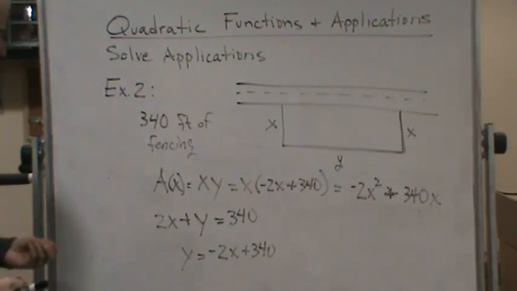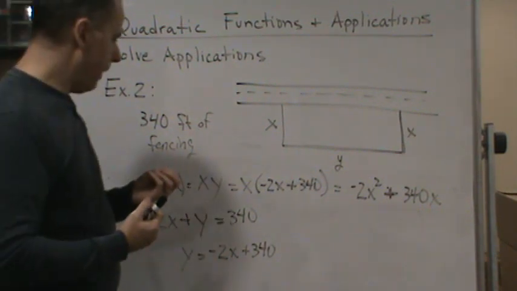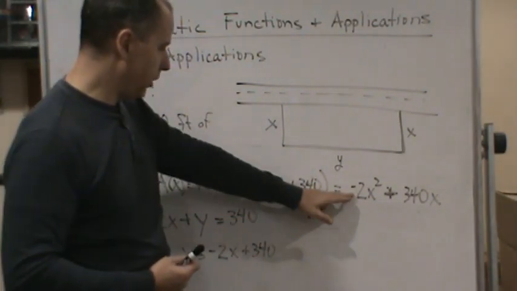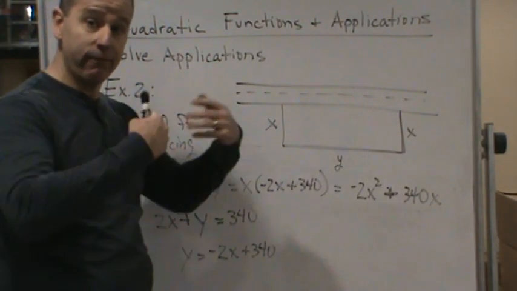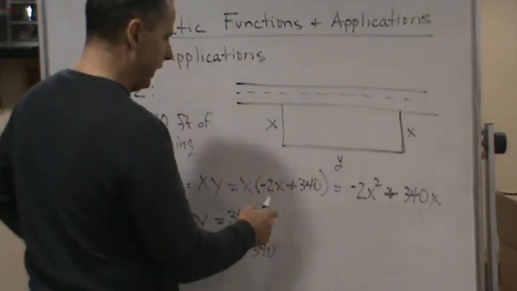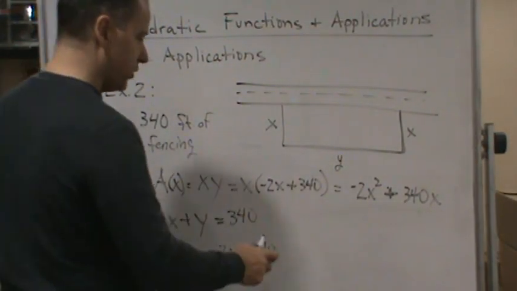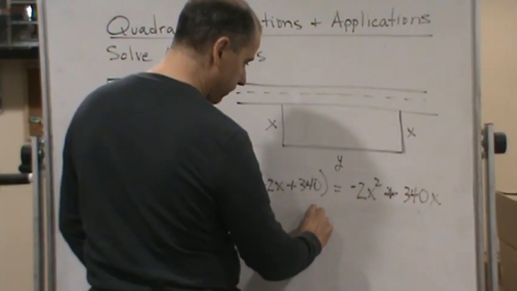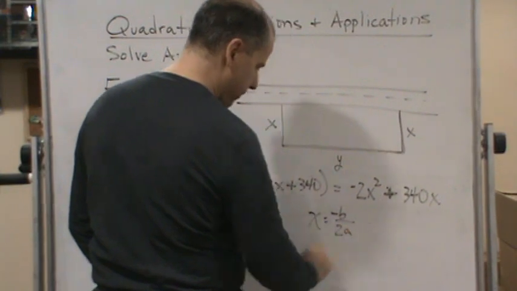So where does the maximum area occur? Remember, this is a quadratic function, so it's a parabola. The parabola opens downward, so the maximum area is going to happen at the vertex. All we have to do is find the vertex using the vertex formula, x equals negative b over 2a.